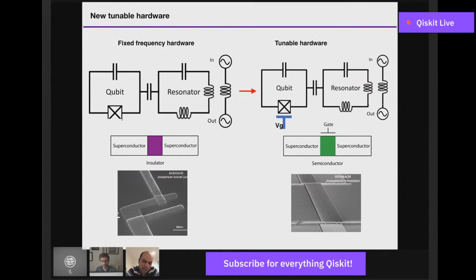In a SQUID tuning circuit, you have to have a flux line, send a milliamp DC or pulse, and then you get a coupling. That coupling could be strong or small, depending on how you want to run it. And you are sending a milliamp of current into a dilution fridge with a millikelvin temperature, right? So if you scale up, eventually you will run into trouble. I mean, people are always smart, right?